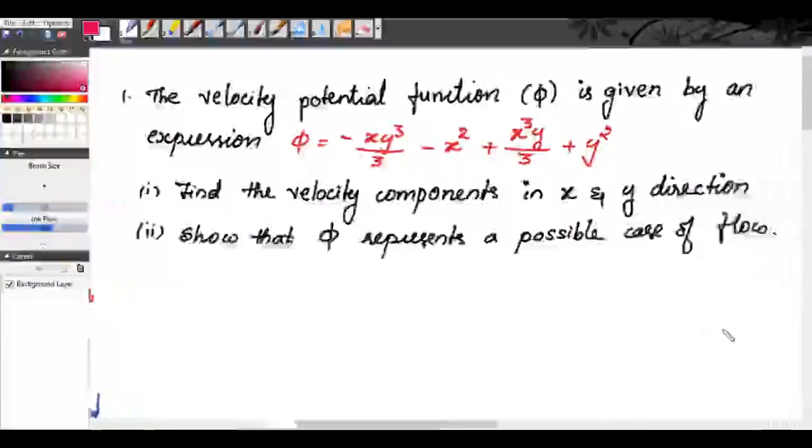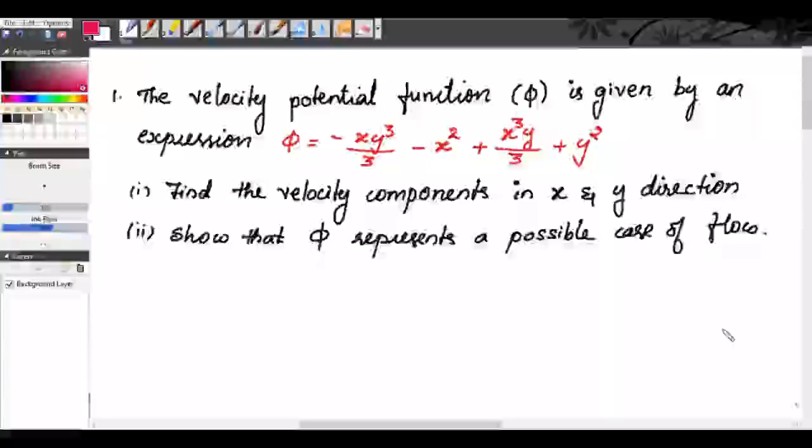So our first problem based on this velocity potential and stream function is: the velocity potential function phi is given by the expression phi is equal to minus x cube y by 3 minus x square plus x cube y by 3 plus y square. Find the velocity components in x and y direction.